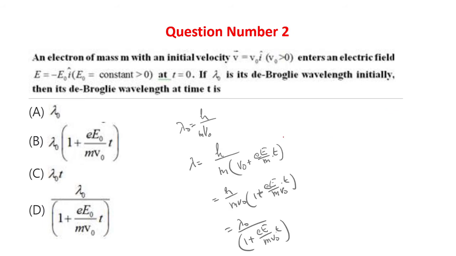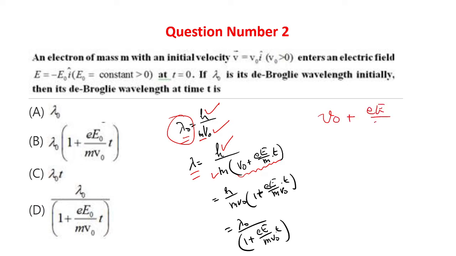So final answer, lambda equal to h by mass into velocity, initial wavelength lambda naught, new wavelength lambda equal to h upon mass into new velocity, which we have just calculated as initial velocity plus at, v equal to u plus at.